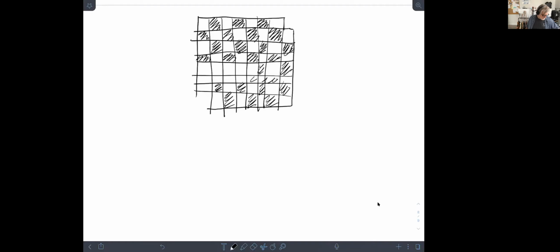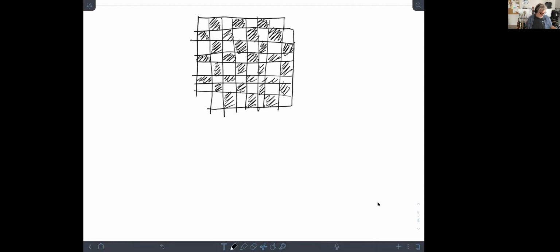It alternates. Sorry, this is really boring. Okay, so that's what the actual chessboard really looks like. And that's a pretty good hint.